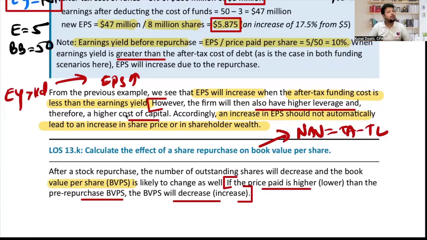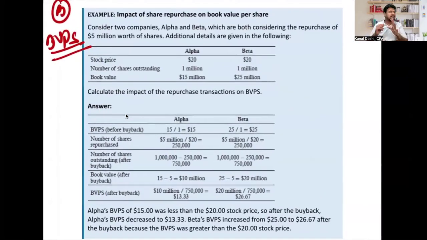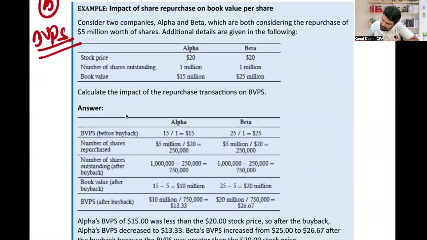So guys, when you do a buyback, you need to make sure whether the price that you're offering in the buyback is more than the book value per share or less than the book value per share. I will show you the example which they've given, but before doing the calculation, let me show what the company's book value is here, 15 and 25. To convert to book value per share before buyback, 15 divided by number of shares, which is 1 million.